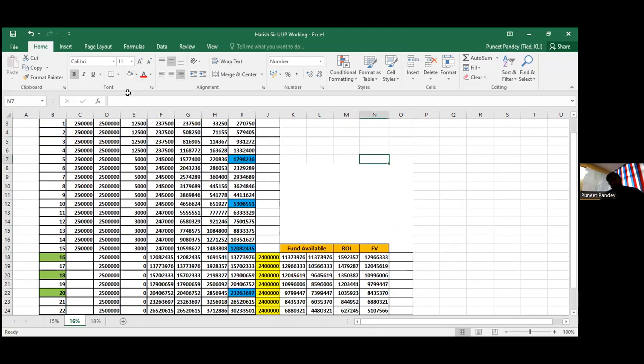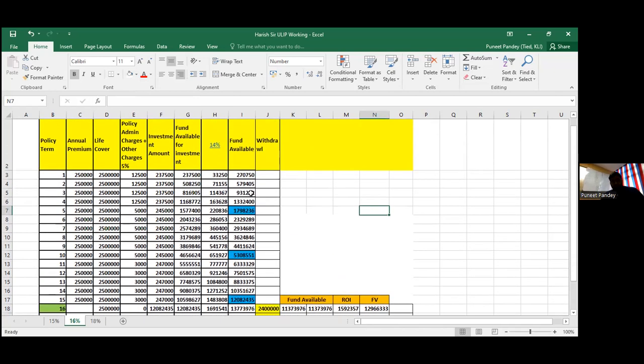For example, if the customer is paying 2.5 lakh rupees premium for 10 years, and the fund is growing at the rate of 14%, at the end of the 5th year his fund value will become 17 lakh 98,000 rupees.